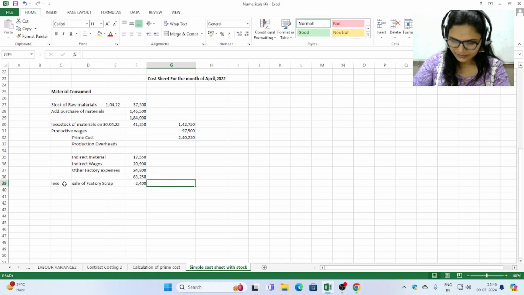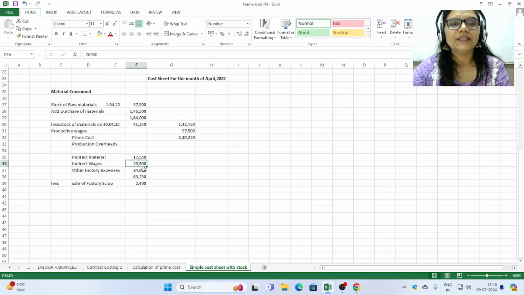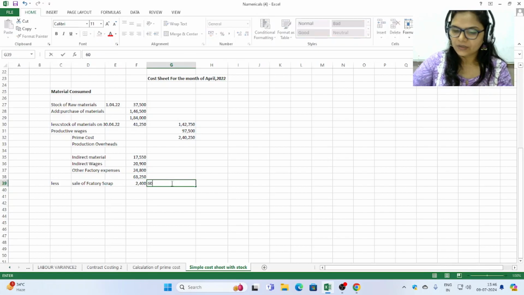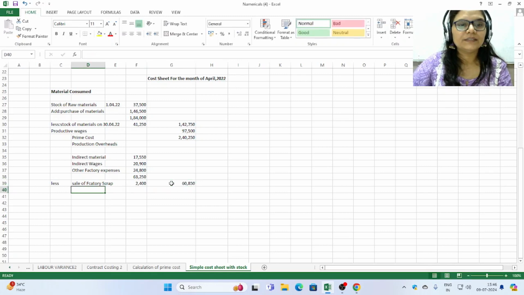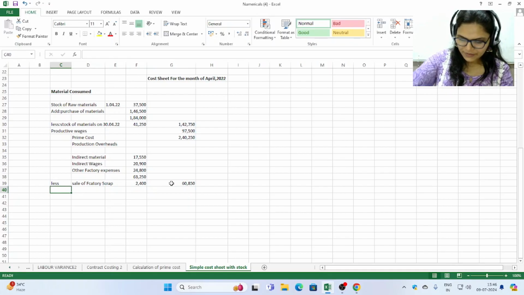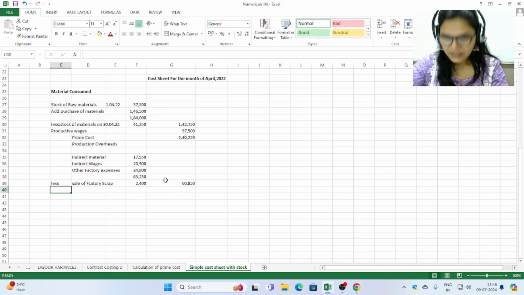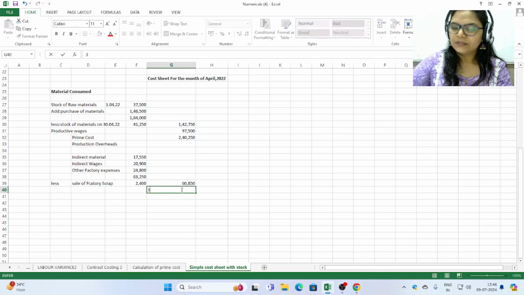And after deducting this, we will get the value of 60,850, that means 17,550 plus 20,900 plus 24,800 gives 63,250, and deducting scrap value from it, we will get the figure of 60,850. Next, when we adjust these values and add these values, we will get the value of 3,01,100.